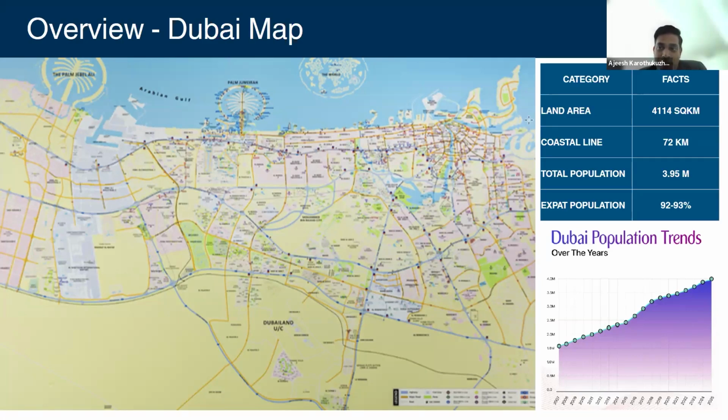The population, as I told, is close to 4 million, and interestingly around 90% of the population are expats. The population has been increasing over the years, and right now we are at 4 million.